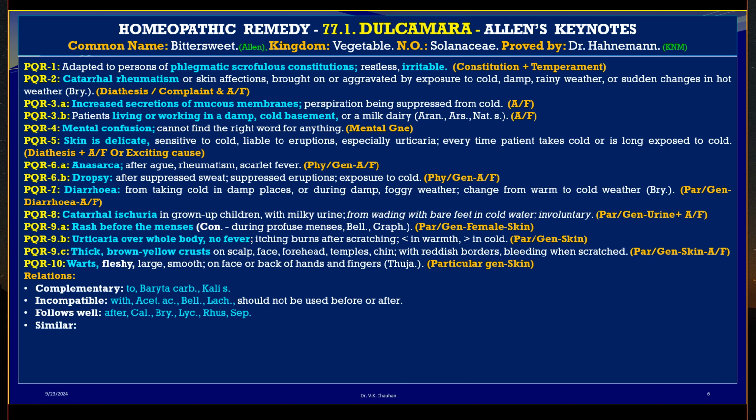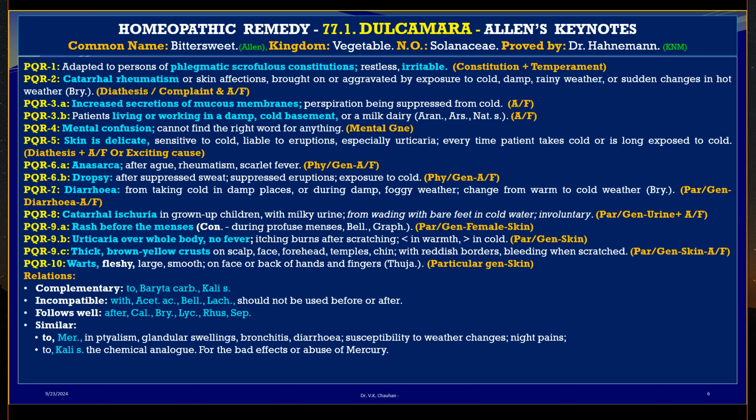We have similar remedies. Number one is Mercurius: ptyalism, glandular swelling, bronchitis, diarrhea, susceptibility to weather changes, and night pains. Please remember the night pain; Mercury tells us about syphilitic bone pains. Two, Kali sulph is the chemical analog for the bad effects or abuse of mercury.